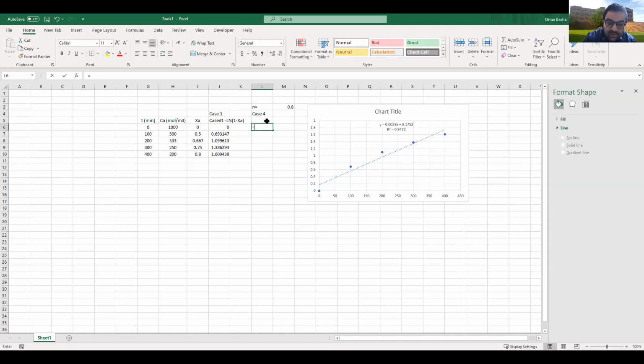And I'm going to test case 4 by just writing the equation. So I have Ca to the power 1 minus n, right, minus Ca naught, which is this number, to the power 1 minus n. So what am I really plotting here?